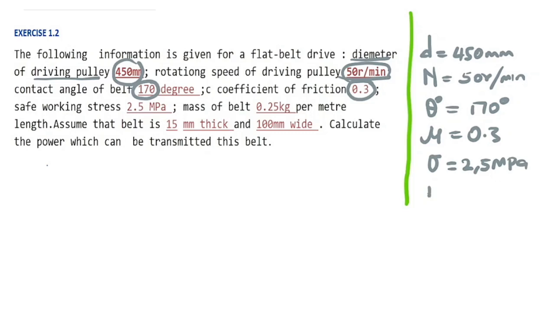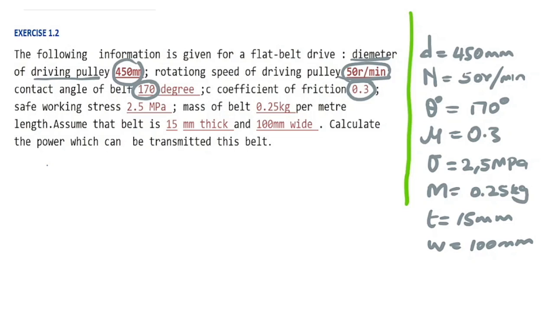Then we've got the mass here. The mass is 0.5 kg. Then we've got the thickness here. It is 15 millimeters. Then we've got the width here. It is 100 millimeters. That's the data that we have.